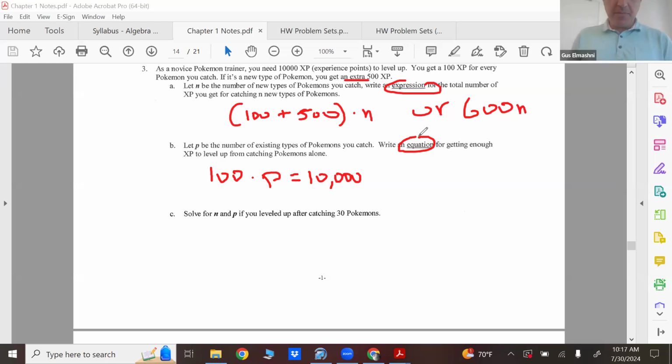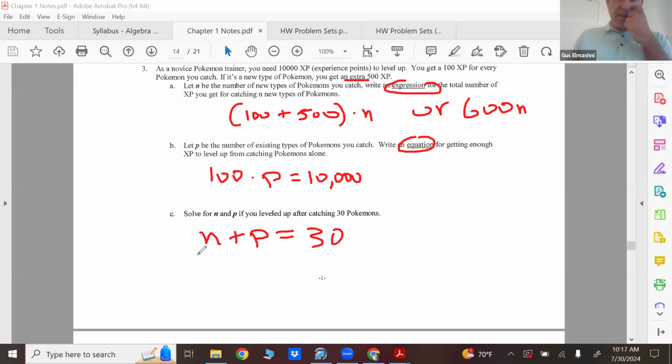Now solve for n and p if you've leveled up after catching 30 Pokemon. Okay. Well, hold on a sec. Oh, I got it. Okay. So n plus p equals 30.